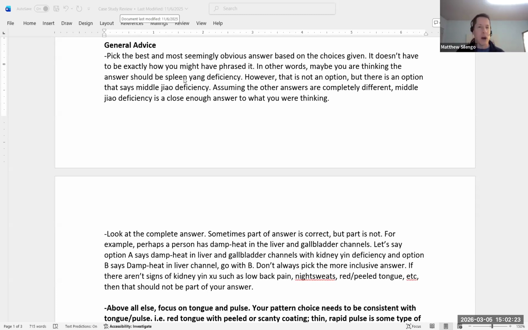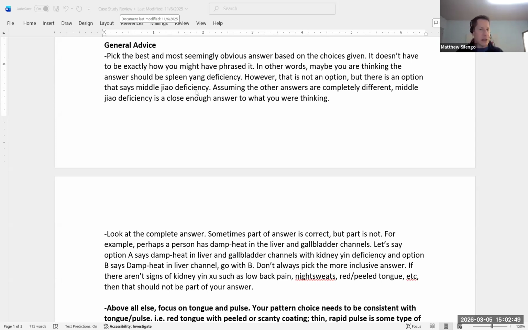Some people are going to immediately go into panic mode, but read the options because sometimes there's an option where, even though it's phrased a little bit differently, it's basically the same thing. The two overlap to some degree. So for example, maybe the option says middle jiao deficiency. Well, the spleen is one of your middle jiao organs. Yang deficiency is a type of deficiency.